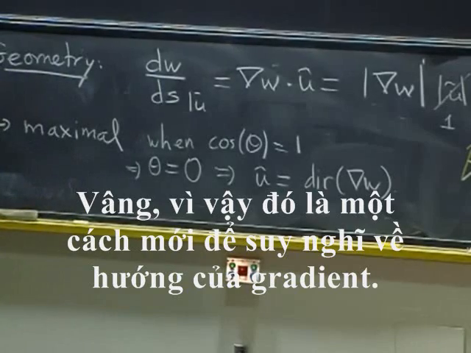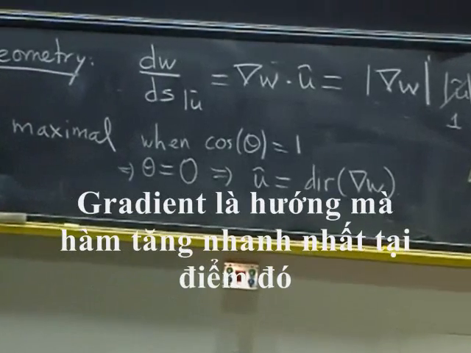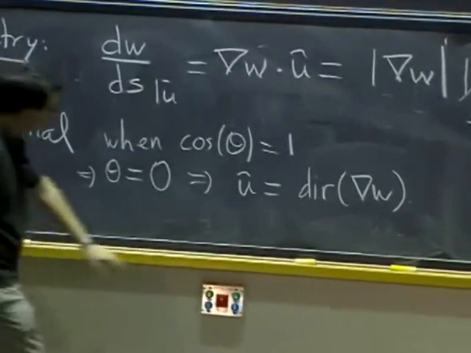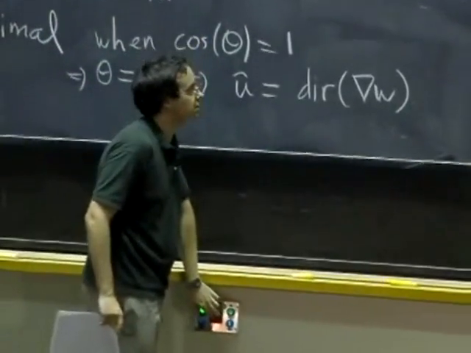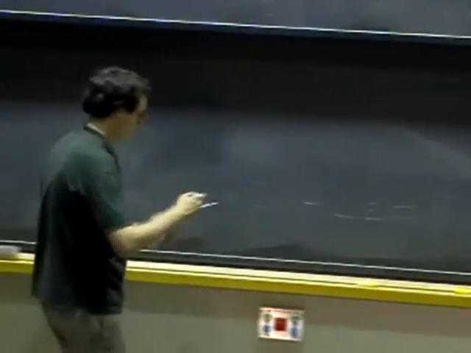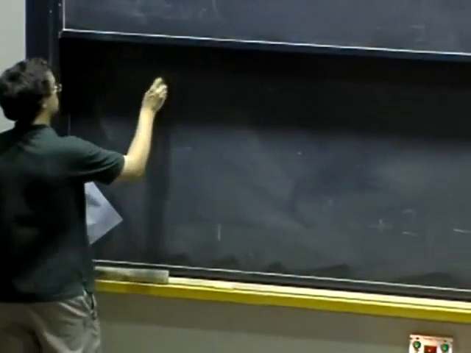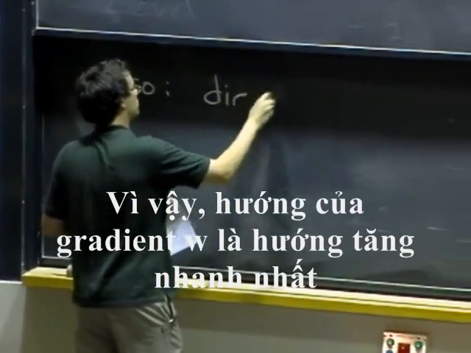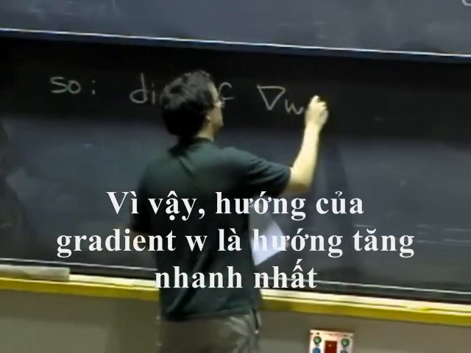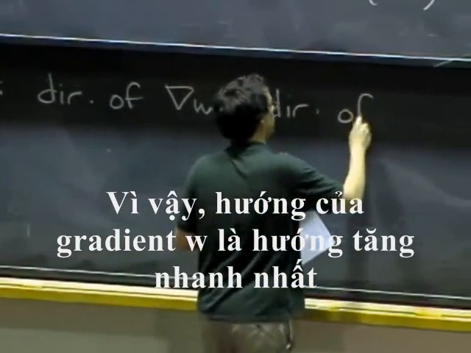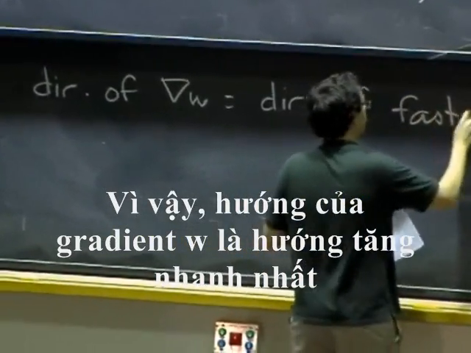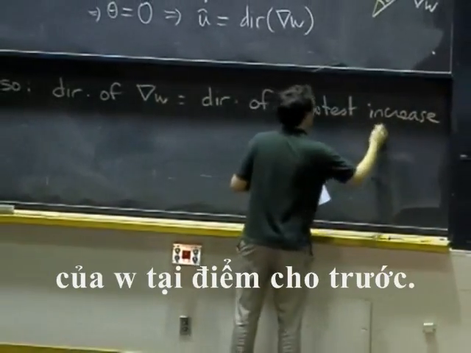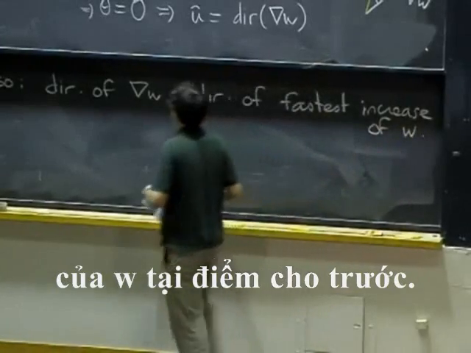So that's a new way to think about the direction of the gradient. The gradient is the direction in which the function increases the most quickly at that point. So the direction of gradient w is the direction of fastest increase of w at the given point.